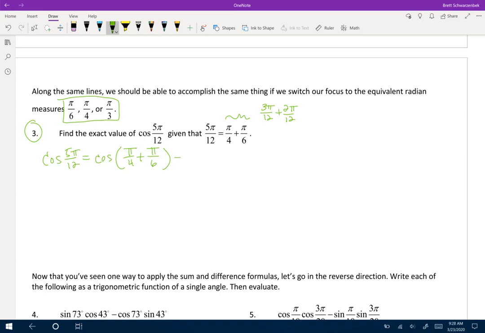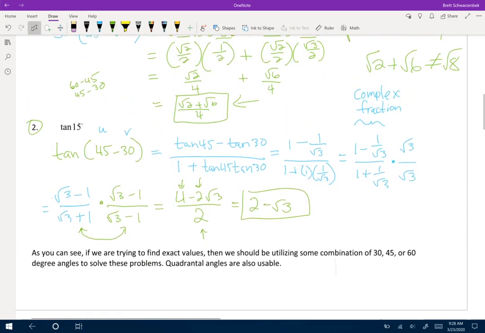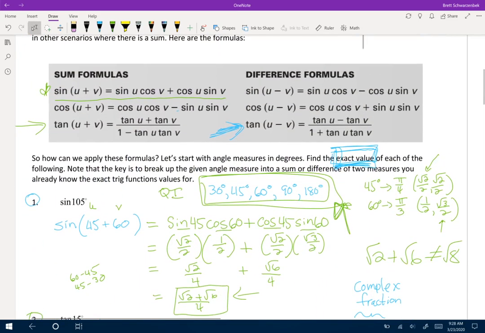So what do we do? Well, we follow again the formulas that we saw before. So we're looking for the cosine of a sum. So the cosine of a sum is equivalent to this guy right here. Cosine u, cosine v minus sine u, sine v.